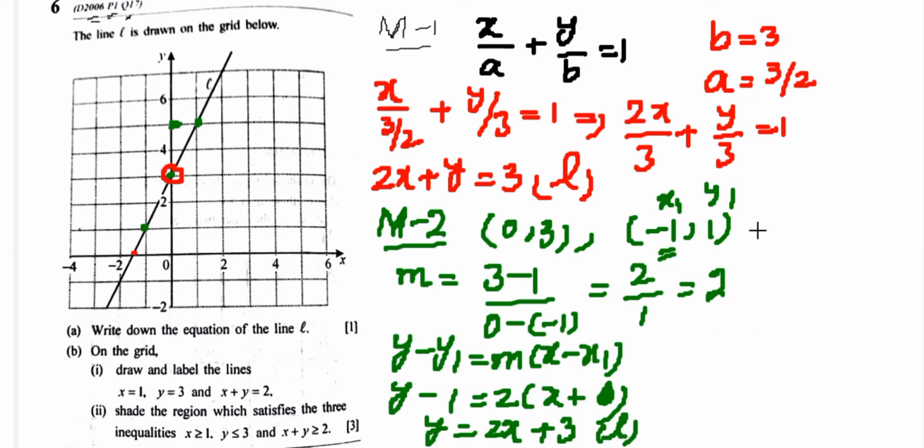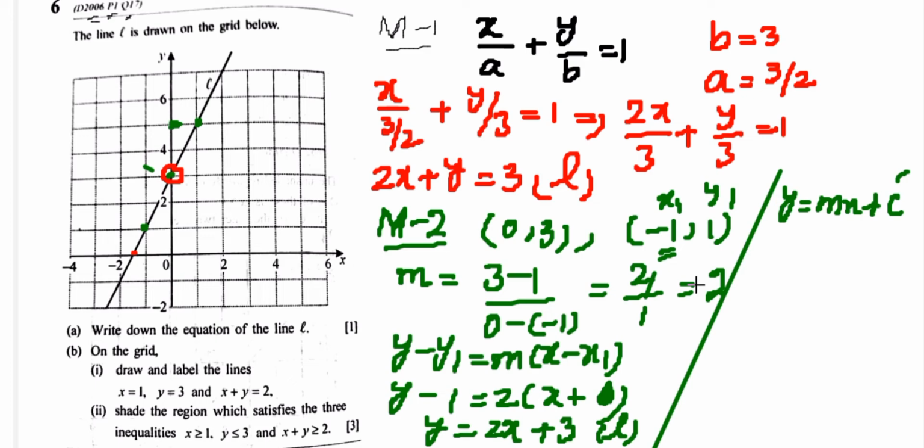The third method that you can use here: you can take any point here. Suppose I again take this point. This point is x is equal to 1, y is equal to 5, and the y-intercept of this line is 3. Simply now use this equation, y is equal to mx plus c.